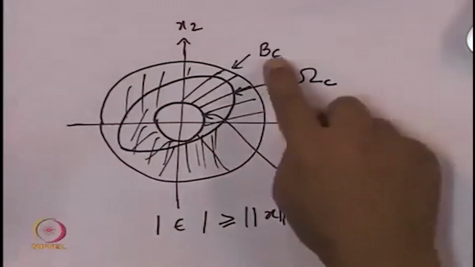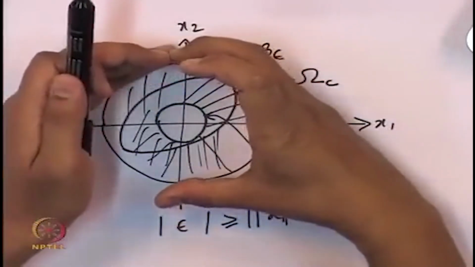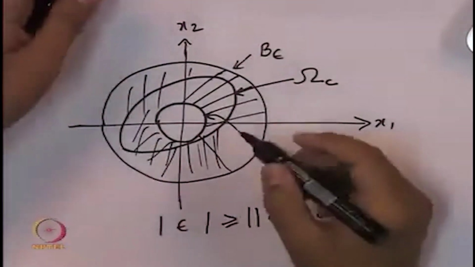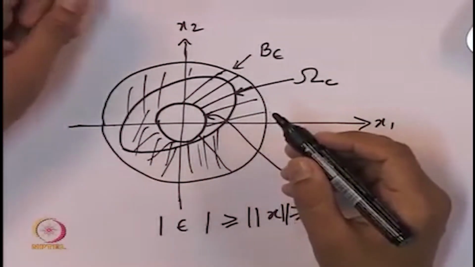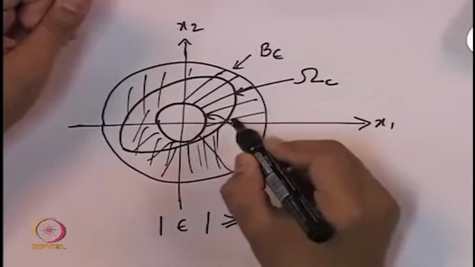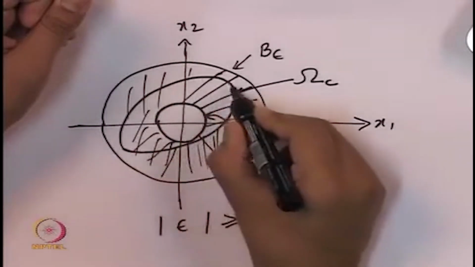B epsilon is open, so except for that fact, it is inside this ball B epsilon, but outside of this ball B delta. The fact that V of x is always greater than or equal to c means that the trajectory doesn't enter this set omega c.